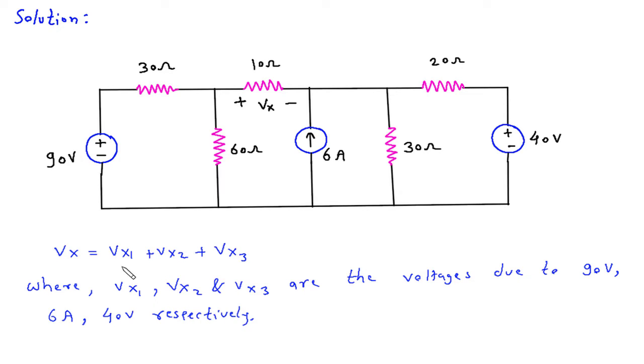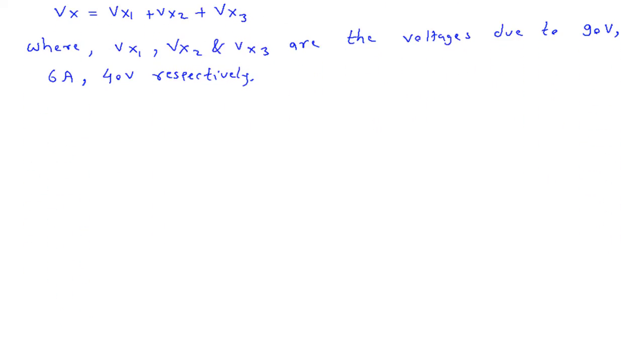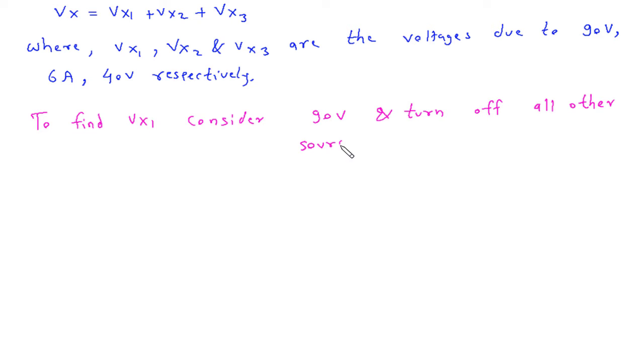Now to find Vx1, we will consider this 90 volt source and turn off all other independent sources.